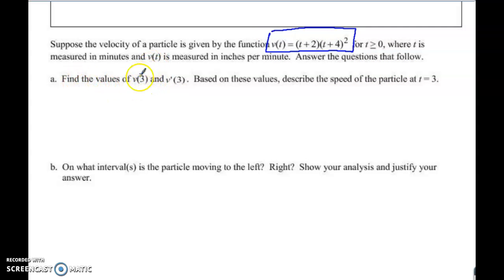So find the value of v of 3. Well, if we were to plug in 3 for both of these, well, I don't know, maybe you would want a calculator. So v of 3, we'd have 5 there, and then it'd be 7 squared. Maybe we would want a calculator.